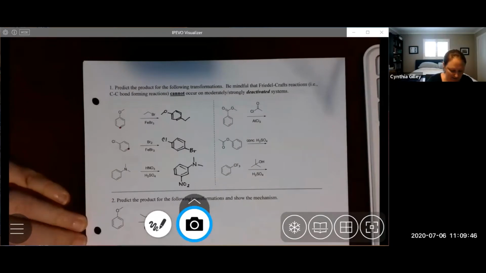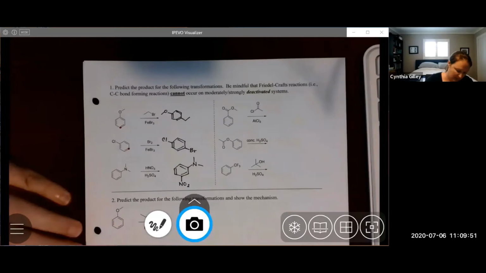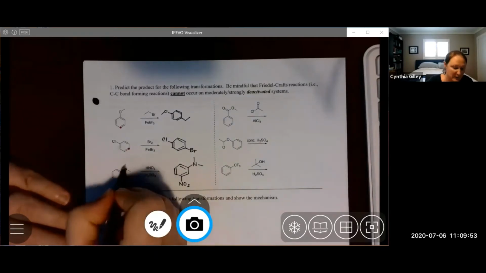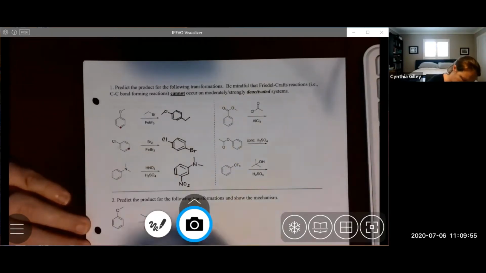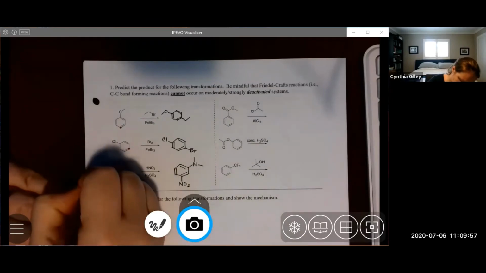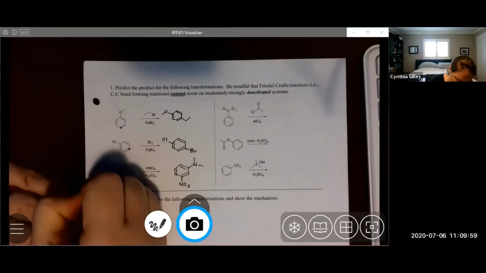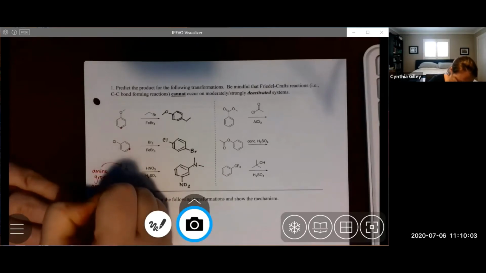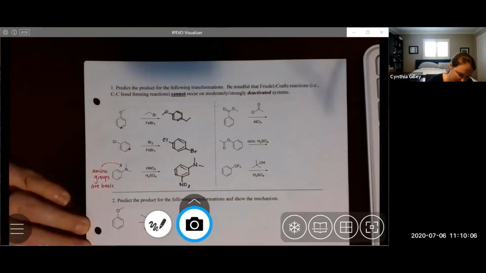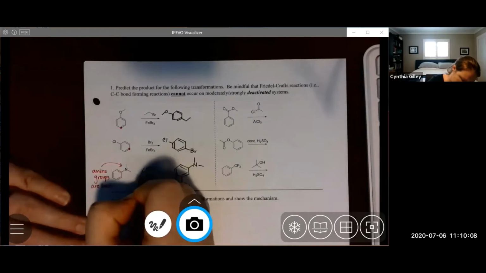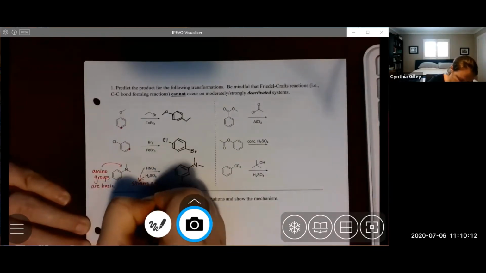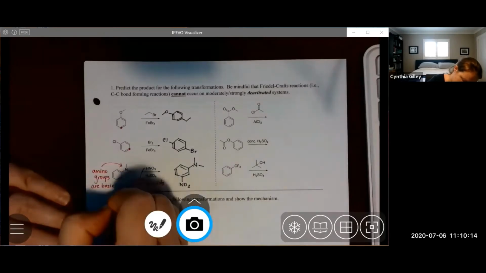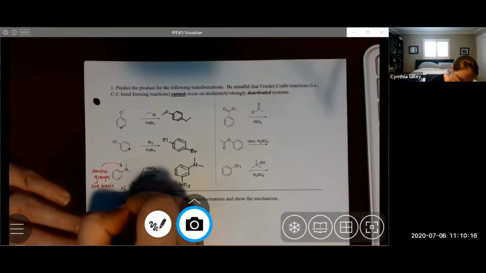And then this one's particularly challenging because you have to remember that amino groups are basic. Okay, so under acidic conditions, it gets protonated. These are both strong acids, so the nitrogen will be protonated.